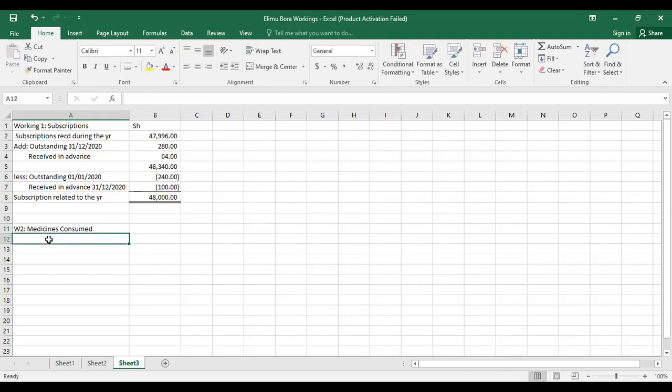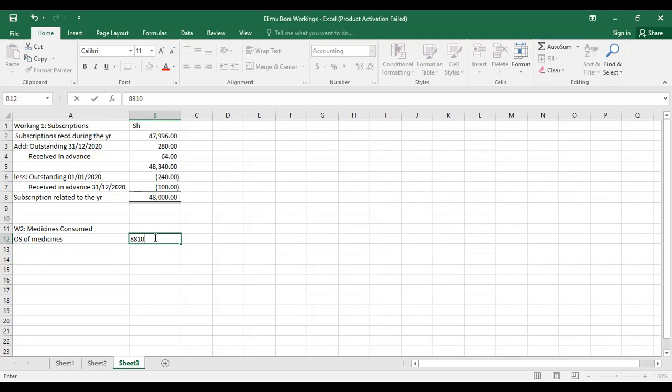So I have the opening stock, OS. Let me just clarify, this is for medicine. The opening stock is 8,810. That is on 1st January 2020.